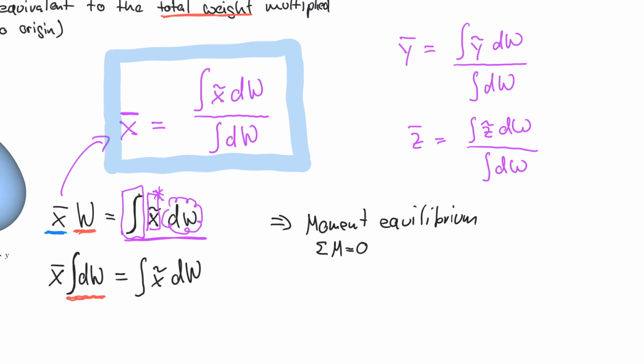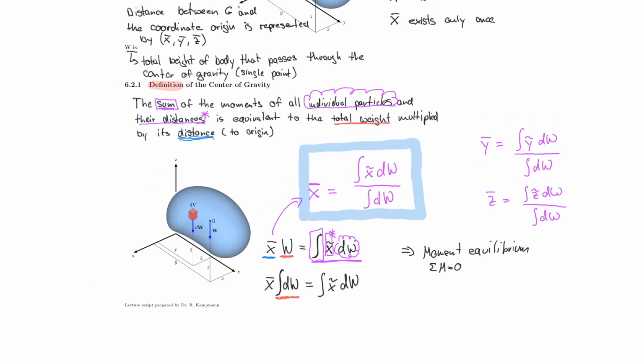And so that's the first clue that the form of this formula is so important, because you see it works in all directions. And in just a second now, I will show you that it also applies to the center of mass and the centroid and so on.